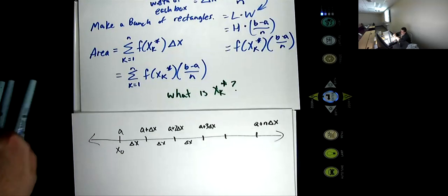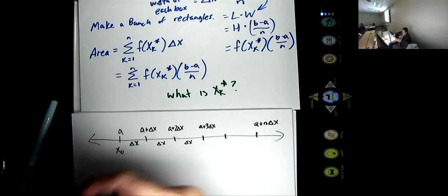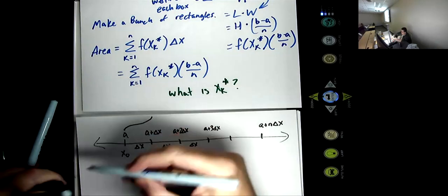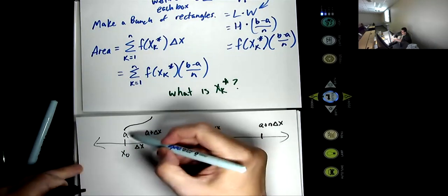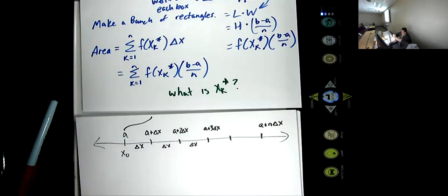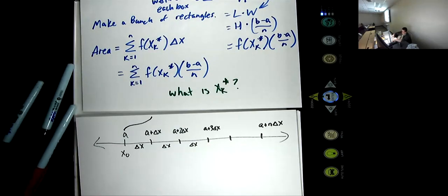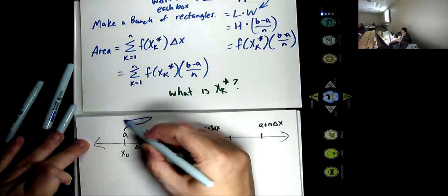So there's a couple options. Remember, we got this curve going on above it. I'll only look at this first box right here, just to demonstrate the curve. We could do the right endpoint and make the box like that.